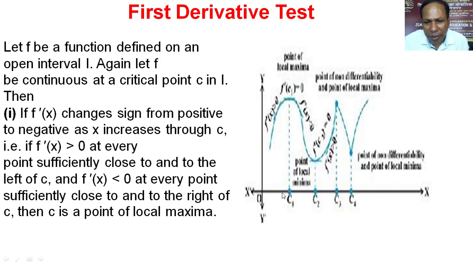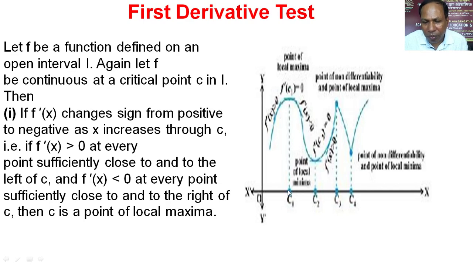If the derivative of the function changes sign from negative to positive as we proceed from left to right through c1, then we say x equal to c1 is a point of local minima. And if it changes sign from positive to negative in the close neighborhood of c1 as we proceed from left to right, then c1 will be called the point of local maxima.